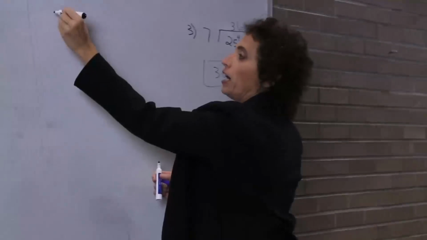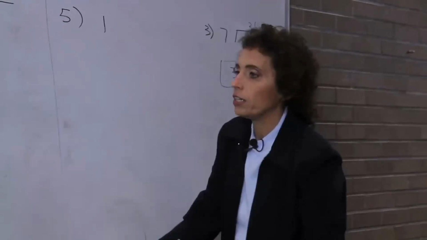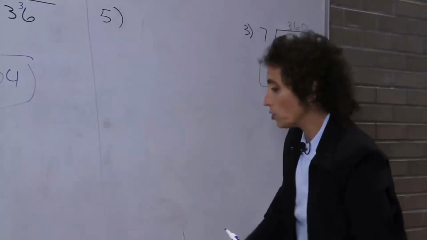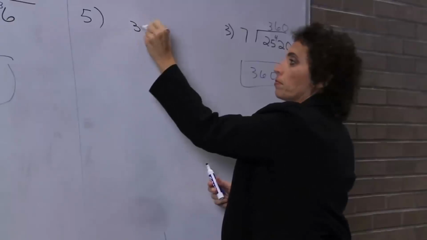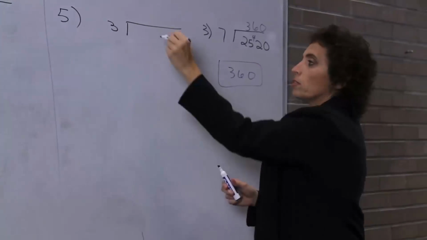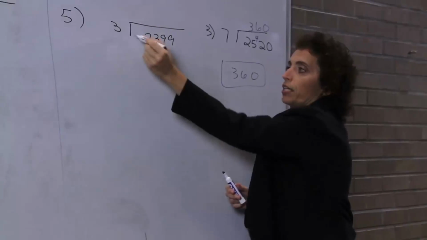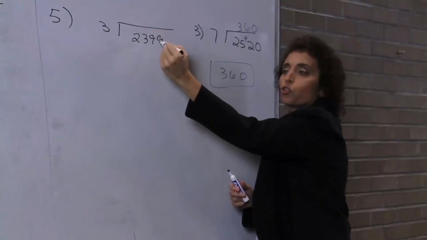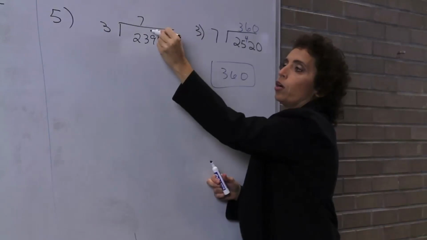Okay, let's look at 5. 5 says 2,399 divided by 3. Okay, 3 does not go into 2, but 3 goes into 23 7 times. 7 times 3 is 21.